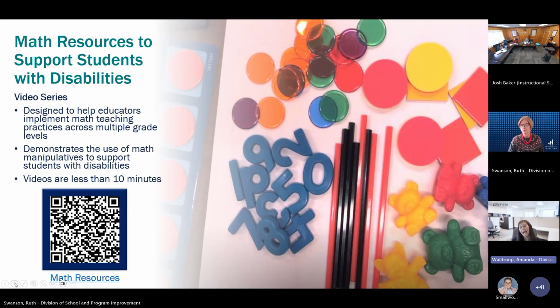And they're going to be the last 5 videos on the page. So if you scan that QR code, you'll see a long list of different videos. But if you scroll to the bottom, they're the last 5 ones on there. You'll be able to get it through the PowerPoint as well as that handout. And we're going to add more videos throughout the school year as well.